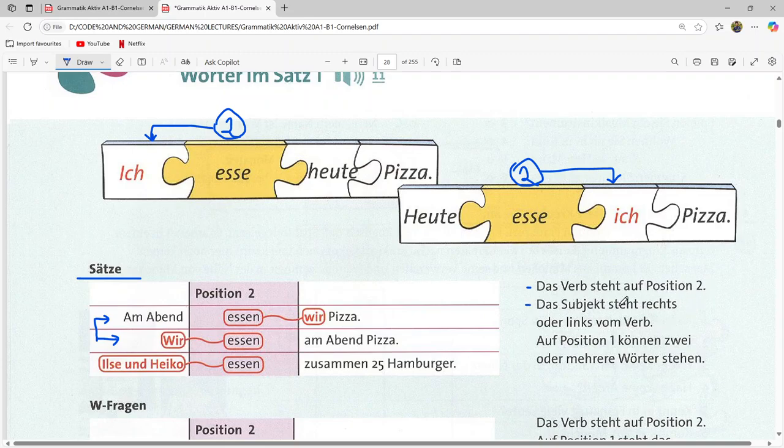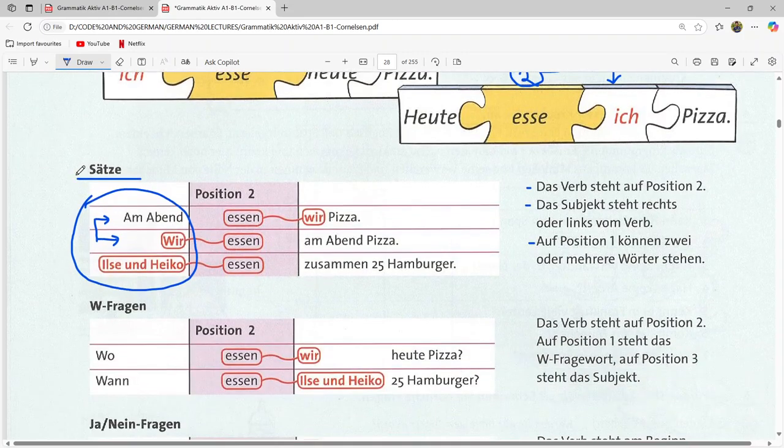The subject stays right or left of the verb. Das Subjekt steht rechts oder links vom Verb. Auf Position 1 können zwei oder mehrere Wörter stehen. At position 1, more than one word can be there.